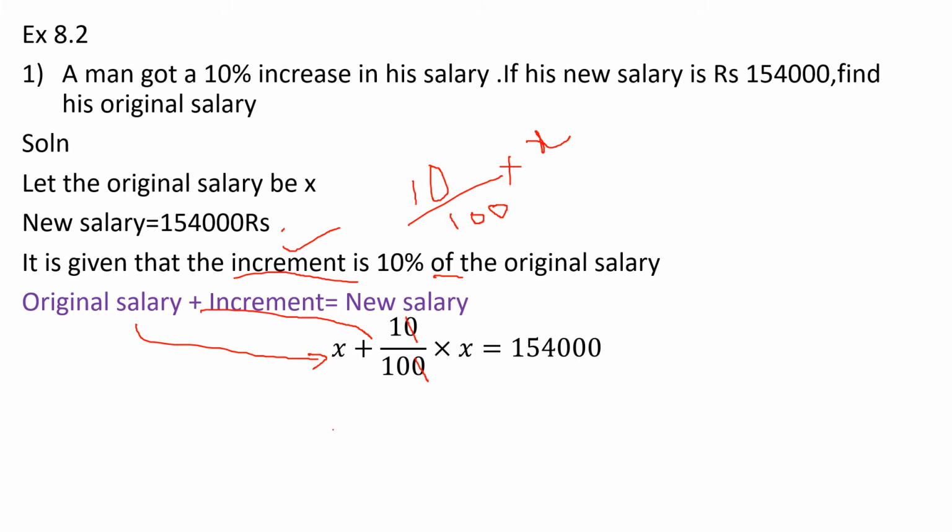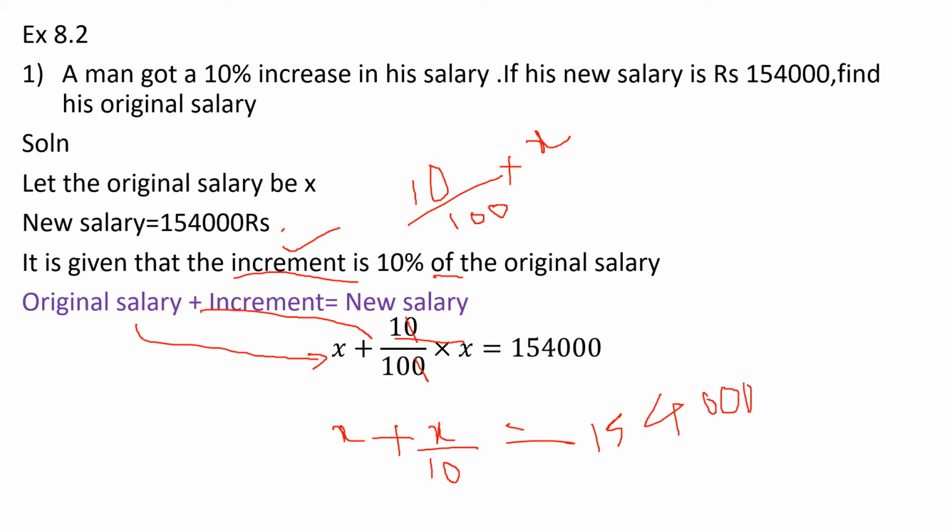So we can write x plus 1 into x by 10 equal to 1,54,000.